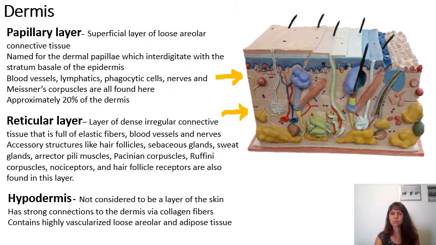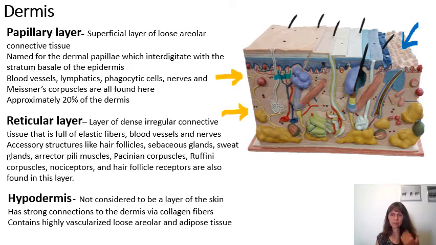The dermis has nipple-like projections that you can see on this picture sticking upward in various places, reaching towards the epidermis. You can see them a little better on the right-hand side of this picture as they've removed the epidermis from the dermis.